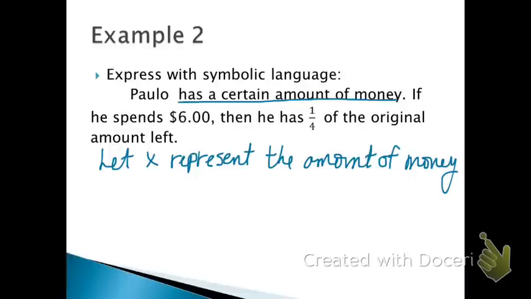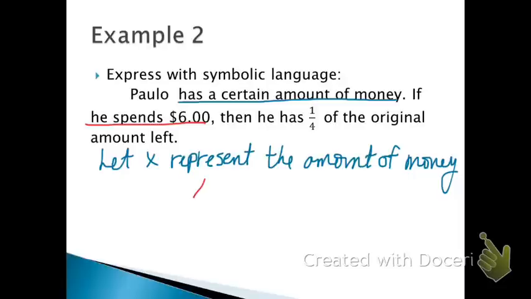Okay, so we're told that he spends $6. If he spends $6, how could we represent him spending $6? Well, he had a certain amount of money to start with, and that's our variable X. If he spends $6, think about how you could write that algebraically.